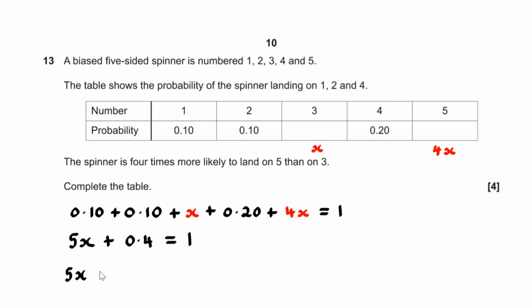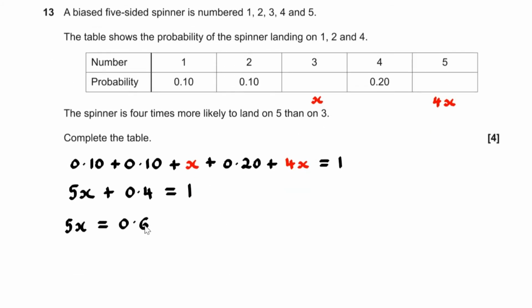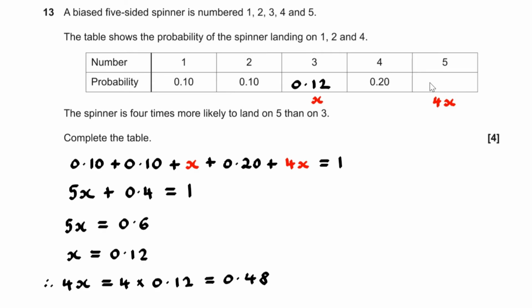So 5x is equal to 0.6, and if we divide through by 5, then x is equal to 0.12, which means 4x is equal to 4 times 0.12, and if I work out what this is, I get 0.48. So we could have 0.12, 0.48.